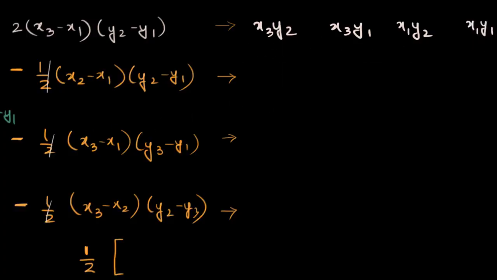Now I can figure out my signs. All of them are going to have a 2. And I know the middle 2 terms are going to be negative because it's a minus b, right? And these 2 are going to be positive. So 2x3 y2, minus, and finally a plus.